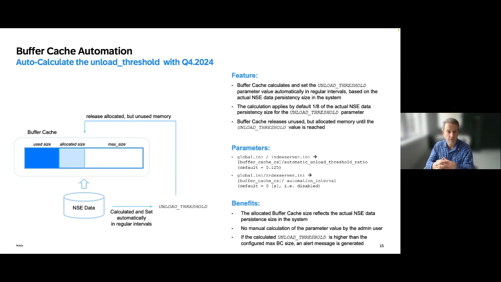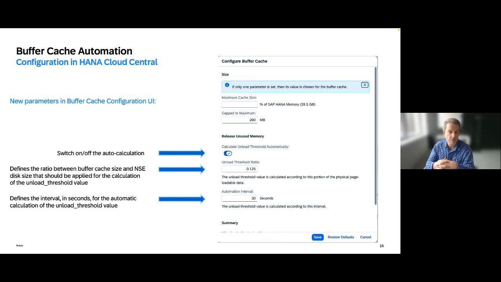This automation happened in Q4, and in Q2, we rounded it off by introducing a corresponding UI. In the next slide, you see a screenshot of the UI in the HANA Cloud Central tool. You can switch the auto calculation of the unload threshold on or off. You can define the unload threshold ratio and the automation interval.